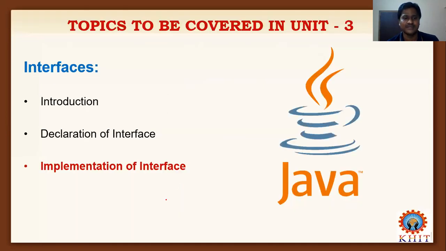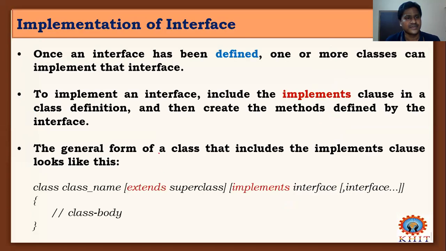Next, coming to the implementation of an interface. Once an interface has been defined, one or more classes can implement that interface, right? Then how can they implement that interface?